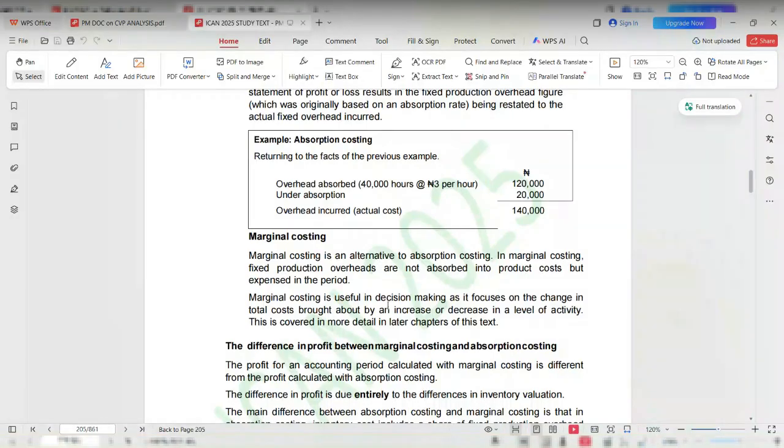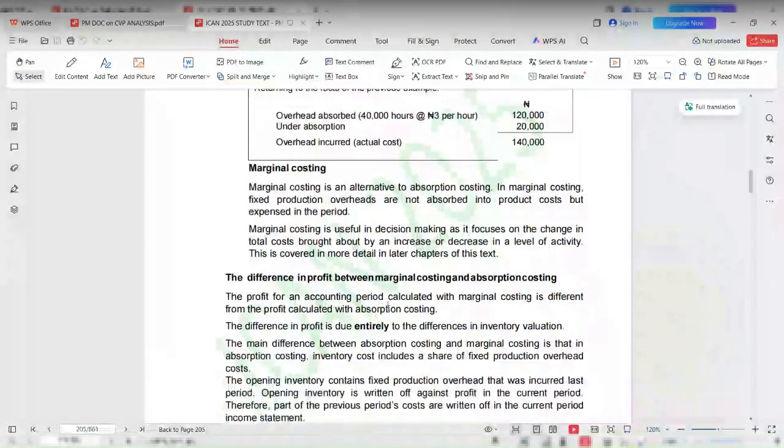Marginal costing is useful in decision making as it focuses on the changes in total cost brought about by an increase or decrease in the level of activity. This is covered in detail in a later chapter of this text.